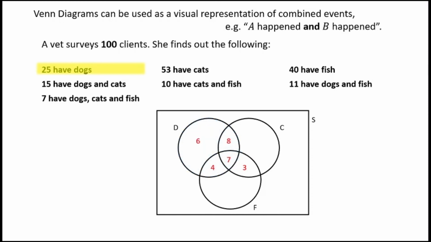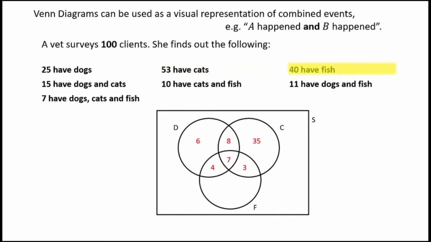So that means there's an extra 6 that will go in this region. 53 people have cats. So this circle for C needs to contain a total of 53. So 53, subtract the values here already. That tells us we'll have 35.